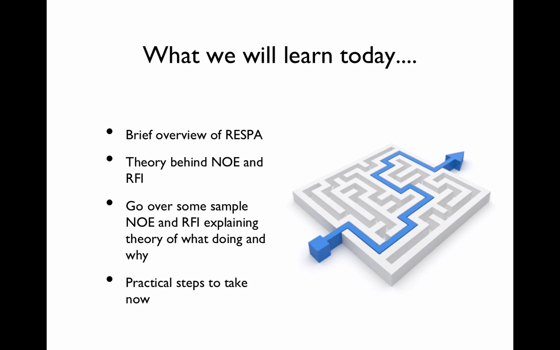We'll talk very briefly, because we have other videos on this, about RESPA. And then we'll really get into the theory behind notice of error letters and request for information letters. The main part of this webinar will be to go over some sample ones, and you should have been able to download those.